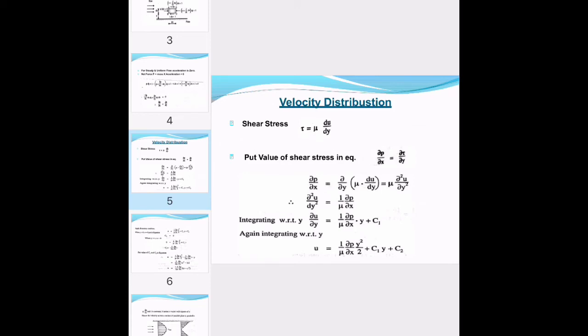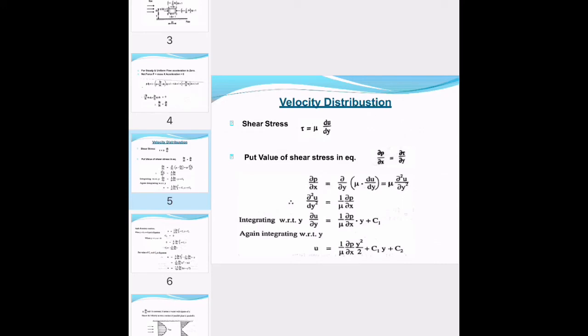First condition is u equal to 0 at y equal to 0. What is y? Y is the distance of the element from the lower plate. The fluid element we have considered, A, B, C, D, is situated at a distance y from the lower fixed plate.